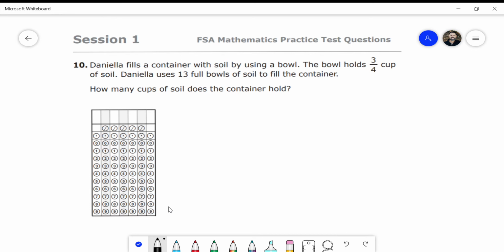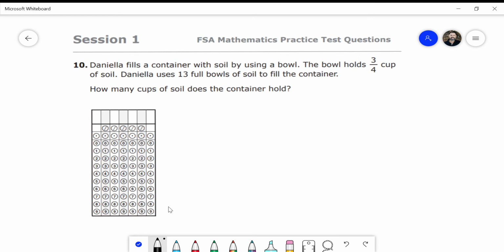So she has to keep filling that bowl up to fill the whole entire container. It says Daniela uses 13 full bowls because that bowl can only hold a little amount of soil, so she has to keep filling it to fill the entire container.